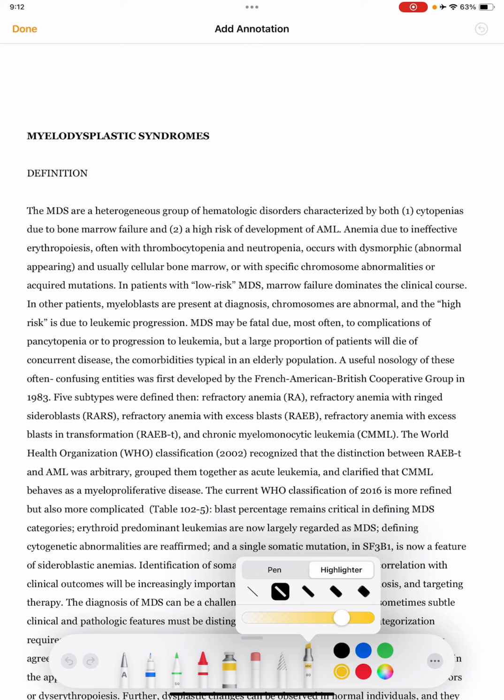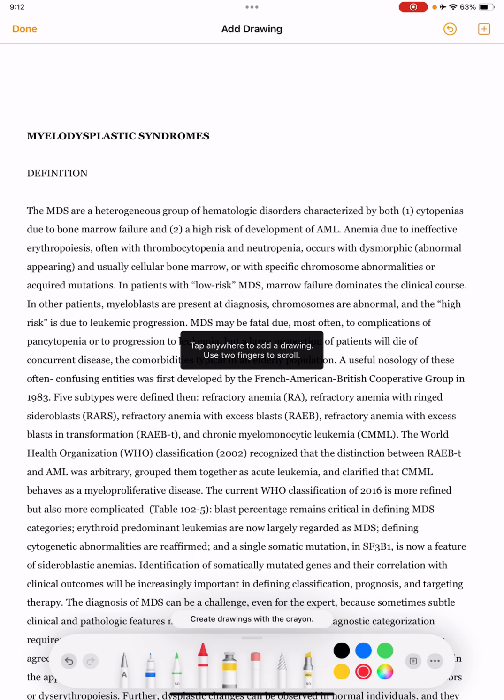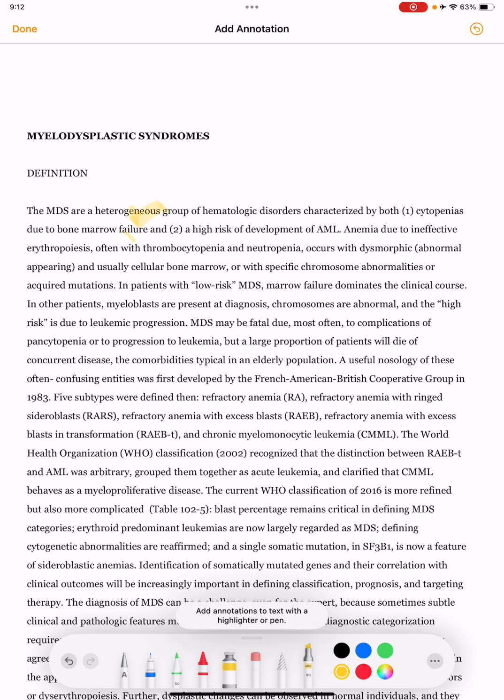Myelodysplastic syndrome. What are these myelodysplastic syndromes? These myelodysplastic syndromes are a heterogeneous group of hematological disorders, characterized by cytopenias.